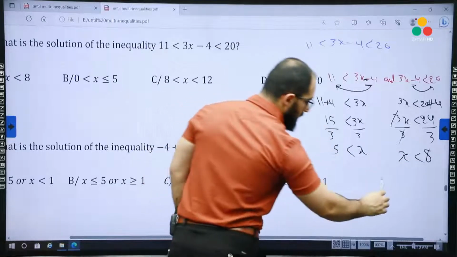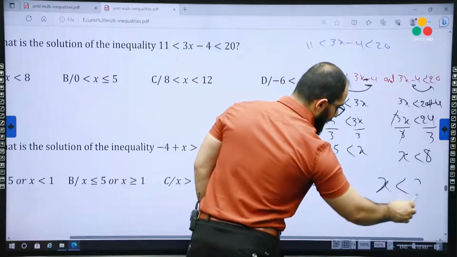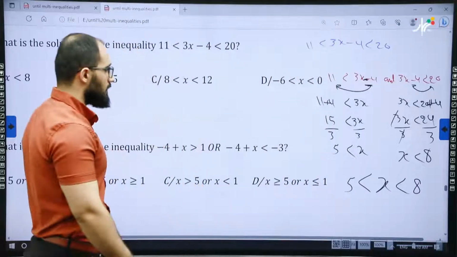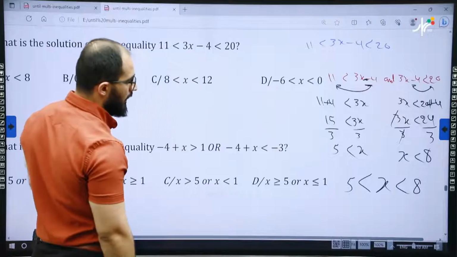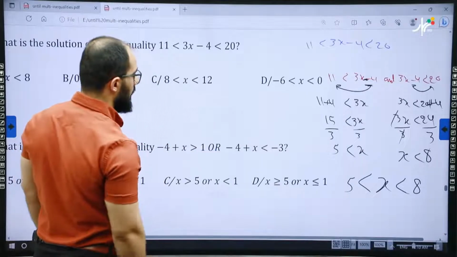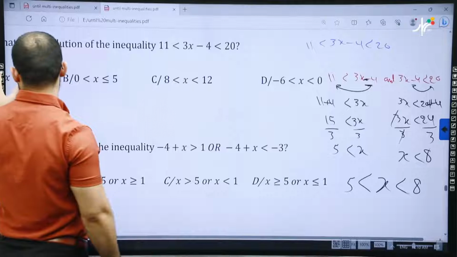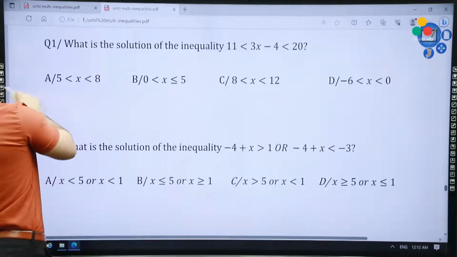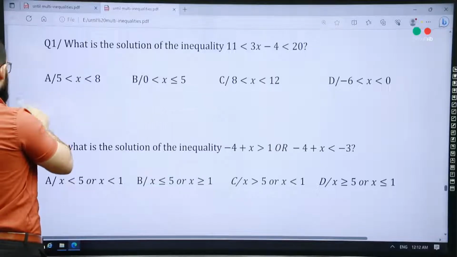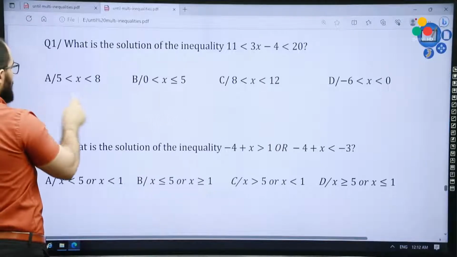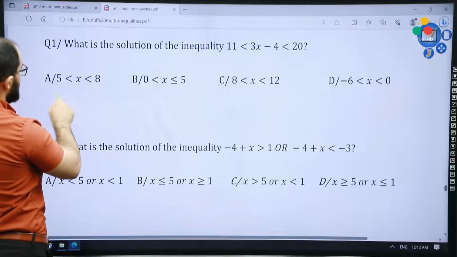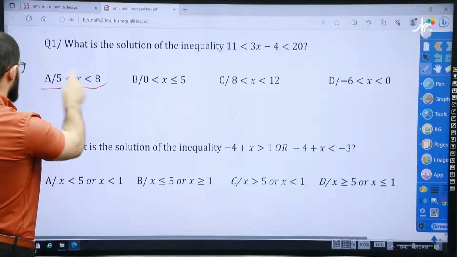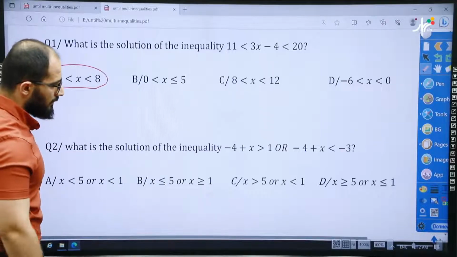So the solution is x less than 8 and greater than 5. This is the first question, and the correct answer is A.